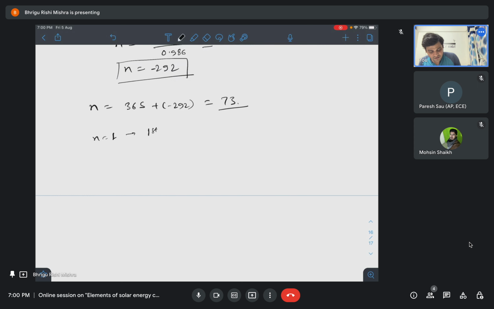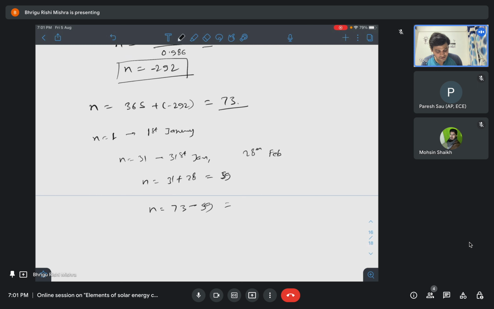So n is 73. If you calculate, n equals 1 is 1st January. n equals 31 is 31st January, and February is 28, so at 28th February n will be 31 plus 28 equals 59. From 60, 1st March starts, so n equals 73 minus 59, which is 14.